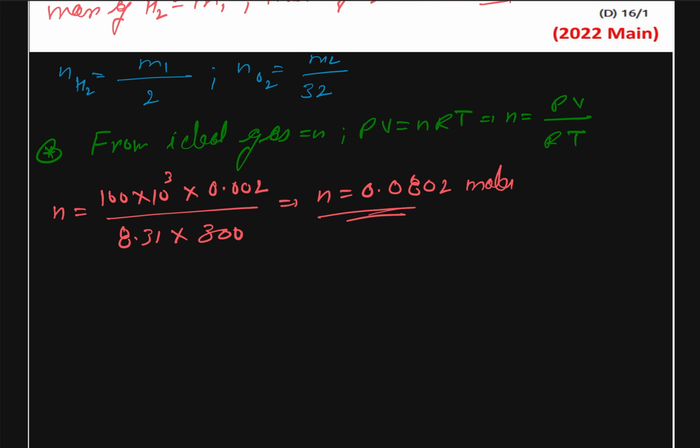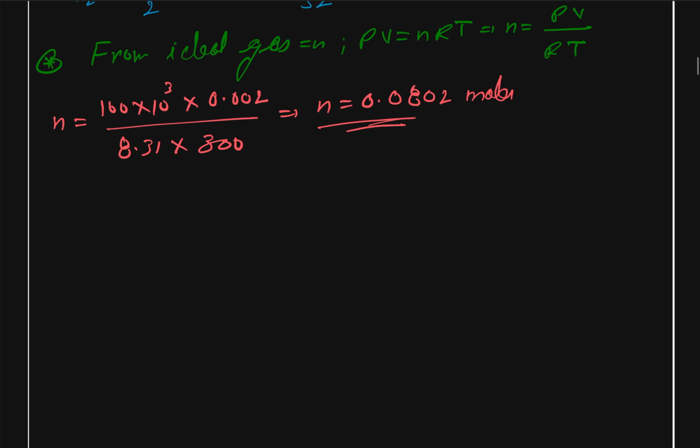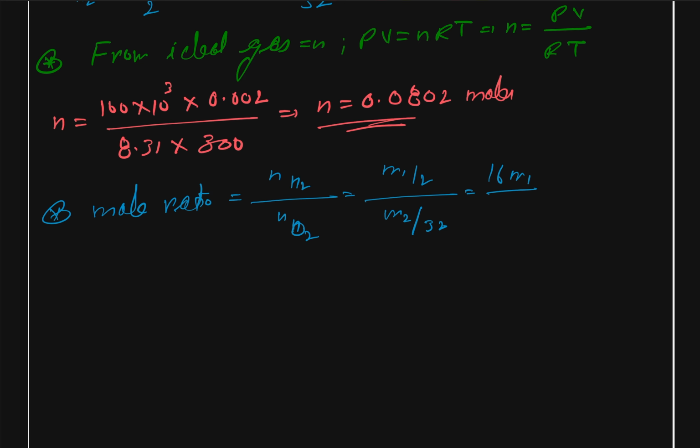And we can find the mole ratio, which will be equal to moles of hydrogen to moles of oxygen. We get M1 upon 2 to M2 upon 32, which gives us 16 M1 divided by M2.